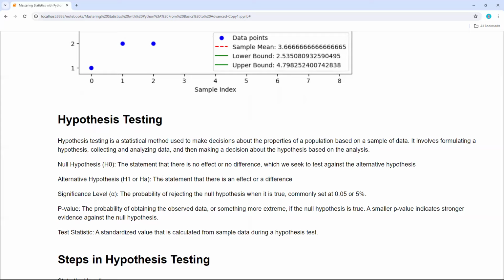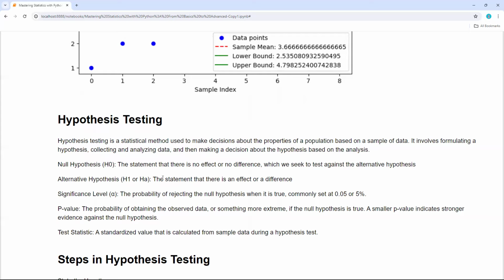I have a set of 5 students, and I wanted to conduct hypothesis testing on this set of 5 students.